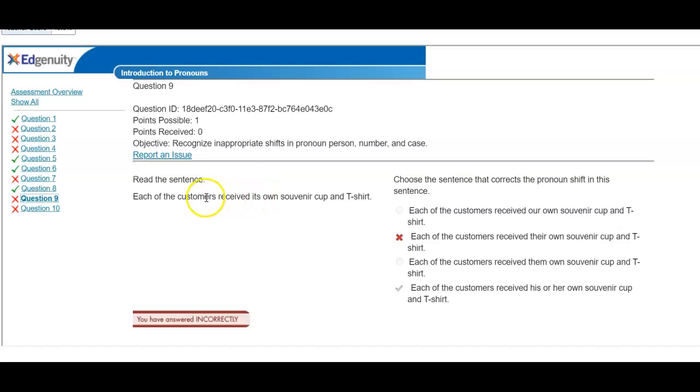Okay, so if you have each, and we don't know, we have male and female, and you say each of the customers, it's plural, you would say received his or her own souvenir cup, because we don't know if they're male or female, and we're not an object, so we can't say its. Okay, humans always, it's his or her.